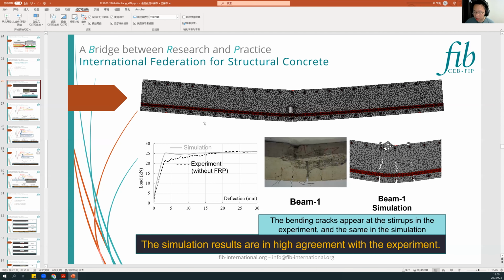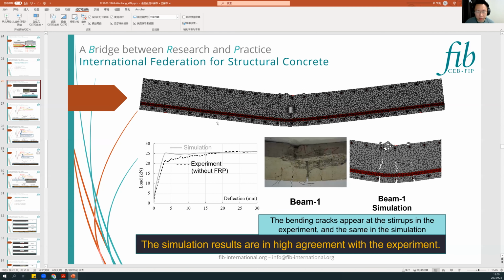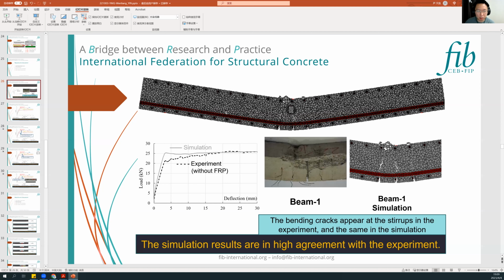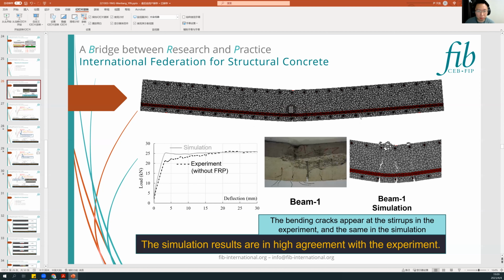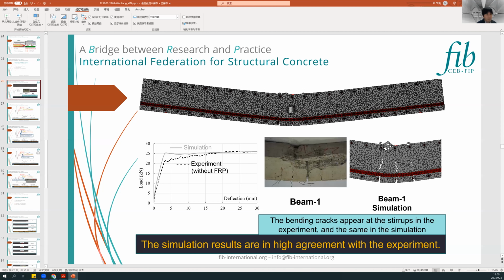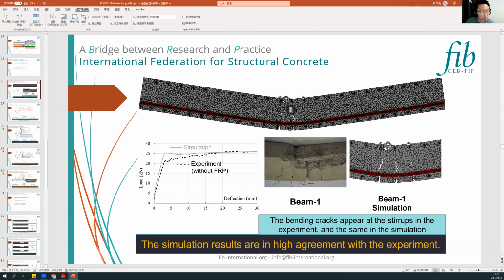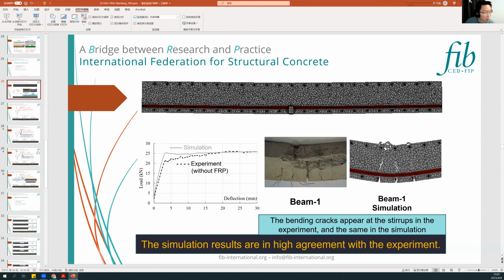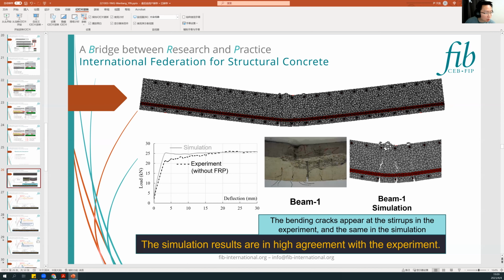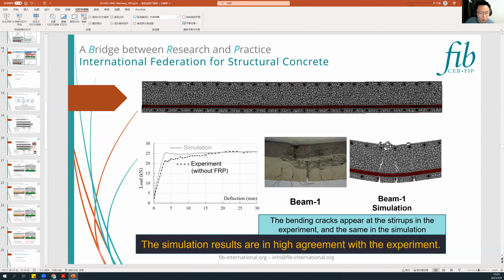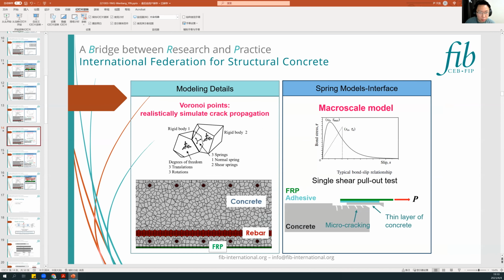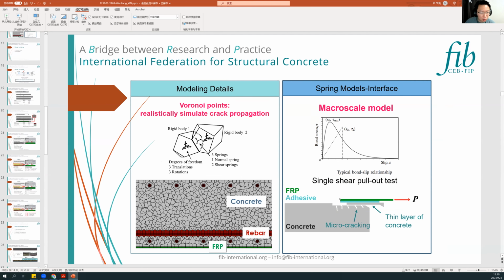In the experiment, mainly the surface concrete was peeled off. We can see that a thin layer of concrete was peeled off in the pull-out test, and in the experiment that also happens. Okay.